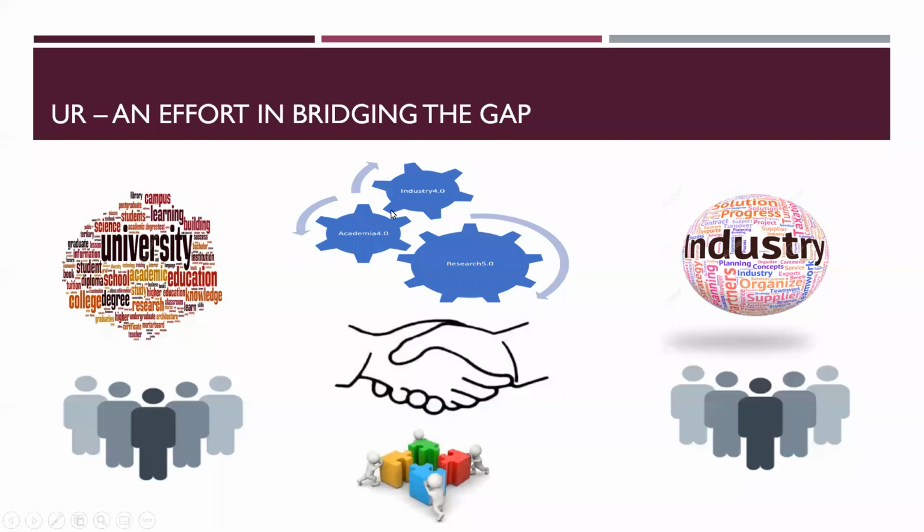Even for research, there is a lot of collaboration going on between the universities and the industry, so that their research can transform into commercial products. Their research is valued, and they are also doing research on things much needed from the industry point of view. As we see in this figure, there are people in the university who come forward for this kind of collaboration, and from industry as well.